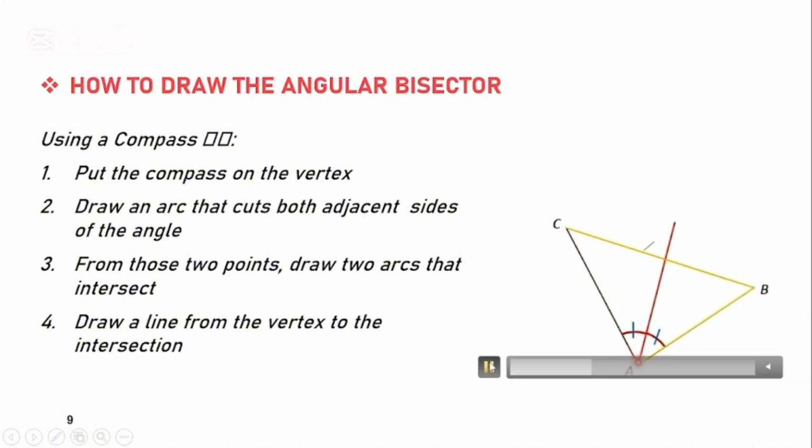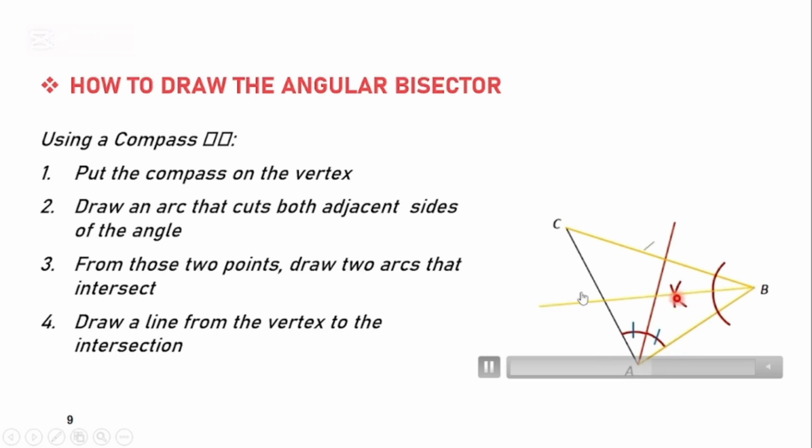Now, for vertex B, for angle B, the same thing. We put the compass on point B. We draw 2 arcs that intersect with the adjacent sides of the angle. Now, from these 2 points of intersection, we draw 2 arcs that intersect. They intersect at 1 point.